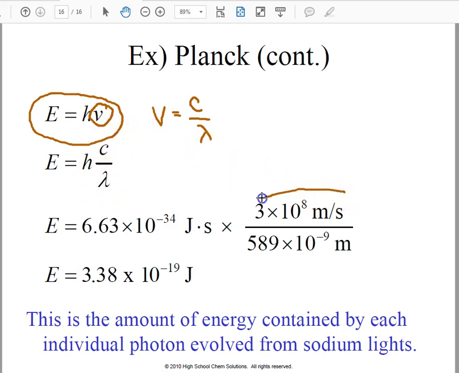So they have that right here, and then they multiply it by Planck's constant. Their seconds and their meters cancel, so they're left with joules, and it's the same answer we got, except for this last digit. We got a 7, and those are just rounding differences. So this is the amount of energy that is in each photon that comes off of that sodium light.